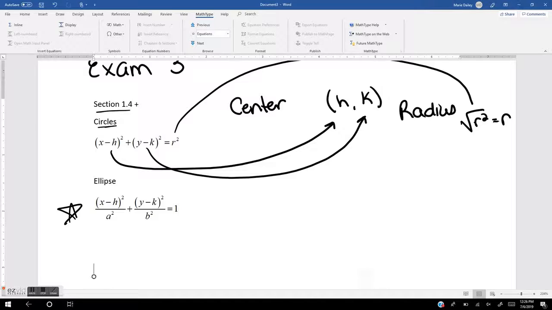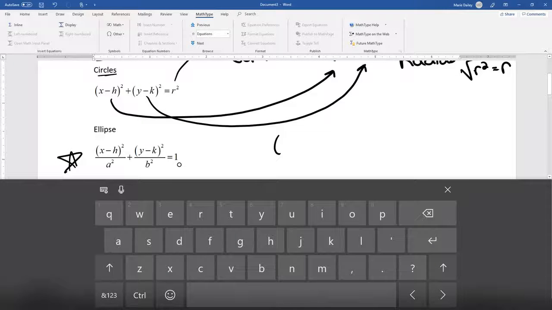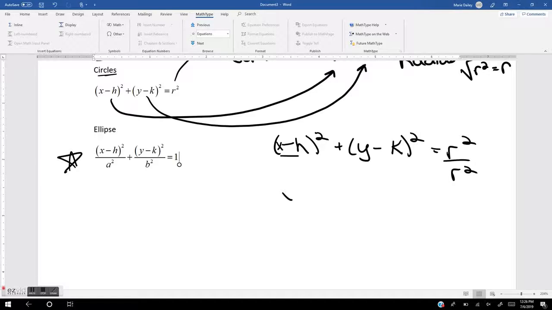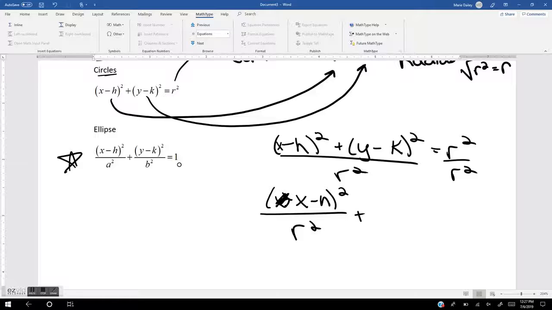So if we take the equation for a circle, oops, forgot the x there, and divide it by r squared, this gives us (x minus h) squared over r squared plus (y minus k) squared over r squared equals 1.